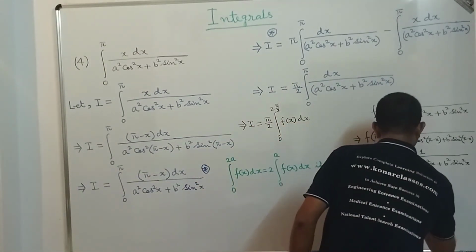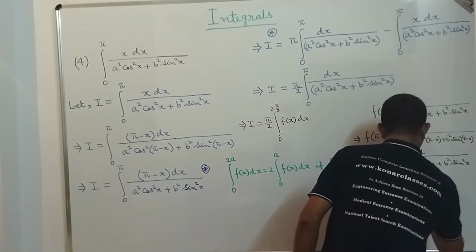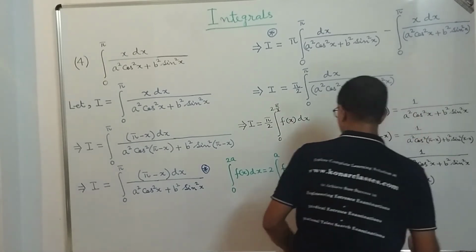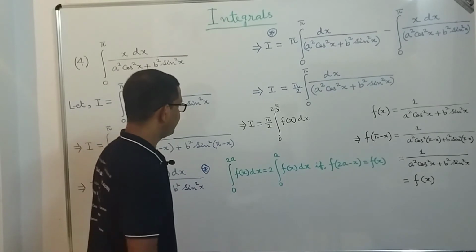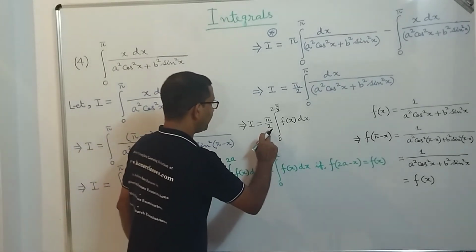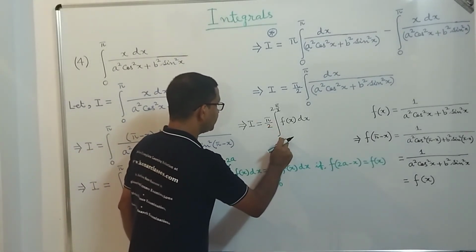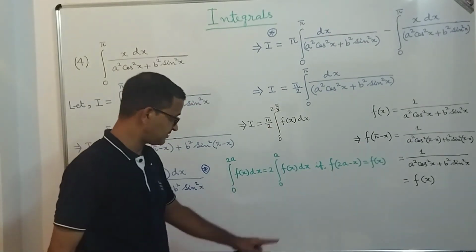So what we see, dear students, is that f of pi minus x is equal to fx. So by using this property we can write this is equal to pi by 2 into integration 0 to pi by 2 fx dx.